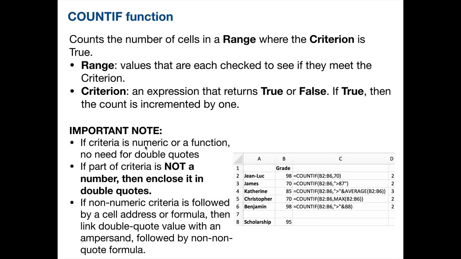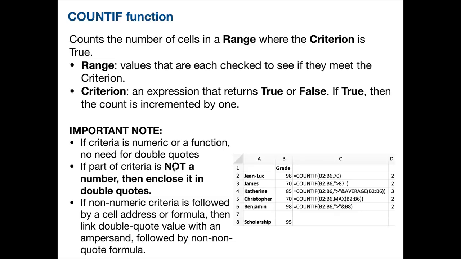And again, the value is numeric, so we don't need to put quotes around them. Also down here, this one is a formula, and for a formula we don't need to put quotes around it either. So look through all of them and see if the value is the max. Well, who got the max? The max is a 98, and Jean-Luc and Benjamin both got a 98 there, so that's why we have a 2 value here, and it doesn't have to be in quotes.